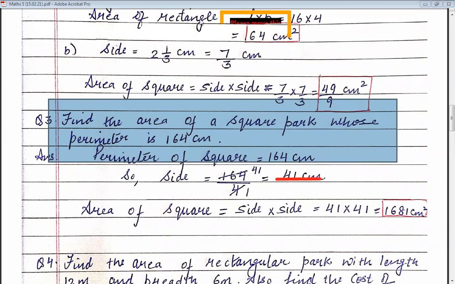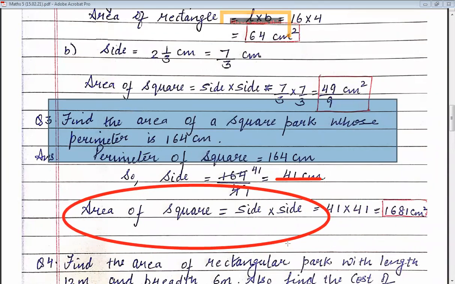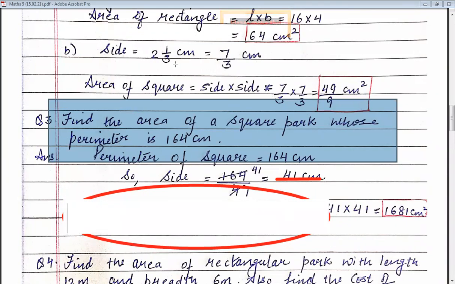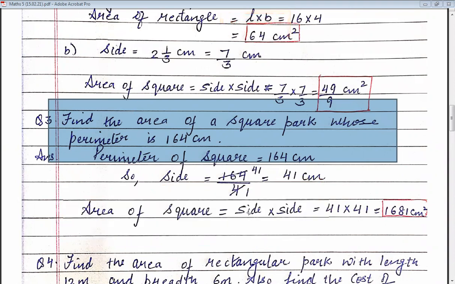Now, if you have side, you can find the area by applying the formula. So, do you remember the formula to find area of square? We have just done, that is side multiply by side. Okay, students, it is side multiply by side.